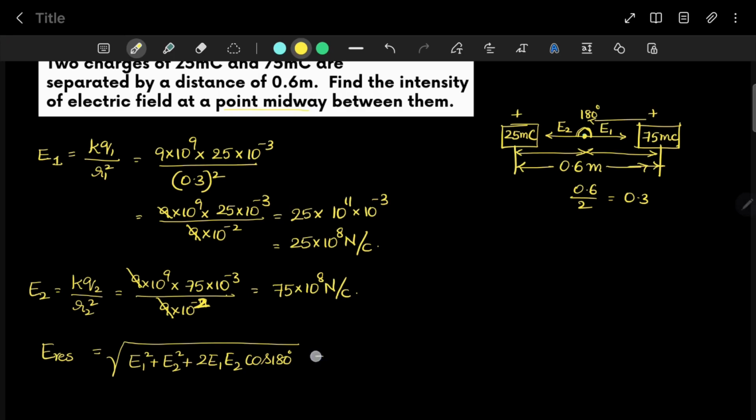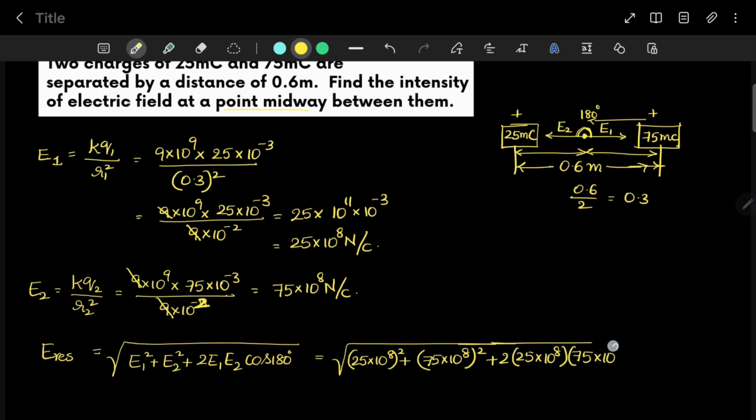So it will be equal to root over 25 into 10 power 8 whole square plus 75 into 10 power 8 whole square plus 2 into 25 into 10 power 8 into 75 into 10 power 8 into cos 180 degrees. Cos 180 value is minus 1, my dear.